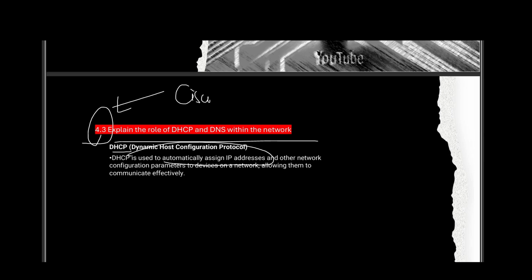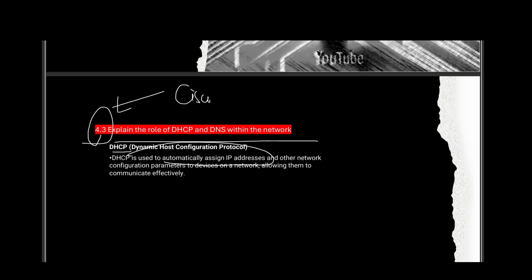And why are we using DHCP? In a real setup, in a corporate setup, you don't want to set up a static IP on each of the users in the company. Let's say you have a department that has 100 users. You don't want to set up all of the IP addresses of those users.